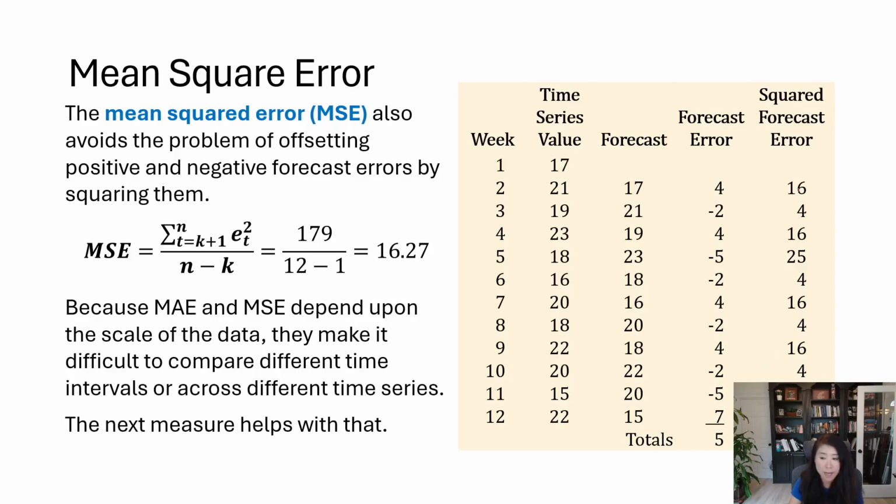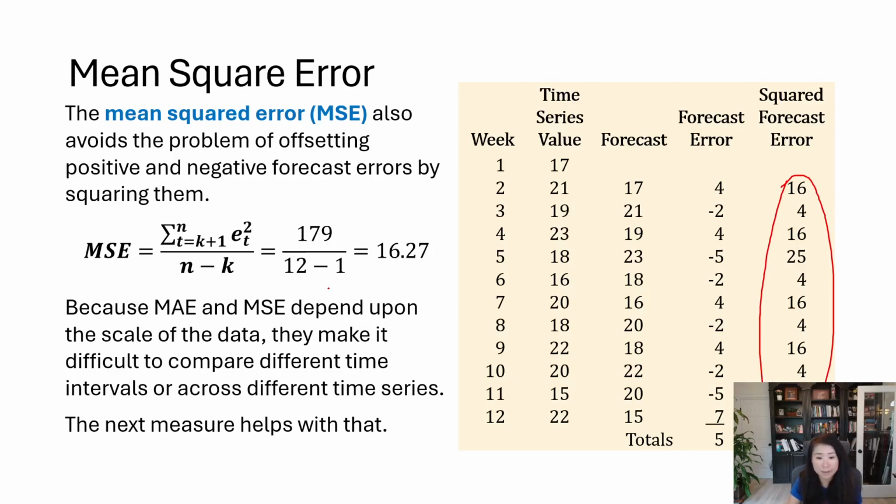After we take the square, we find the average value of all my squared forecast errors. That is called MSE. This method is very popularly used in the data science world for any forecasting task.